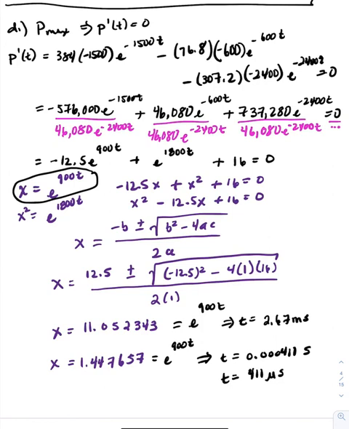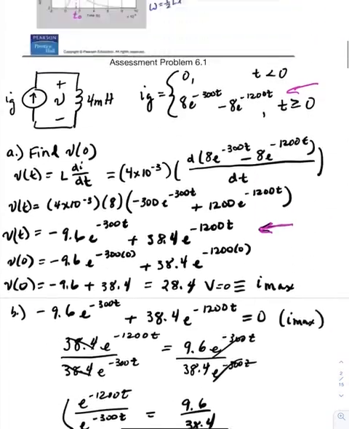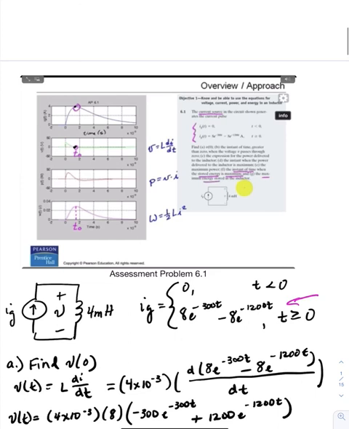All right, so P, the power, first reaches maximum value at 411 microseconds. So let's take a look here. Right here, it's 411 microseconds.